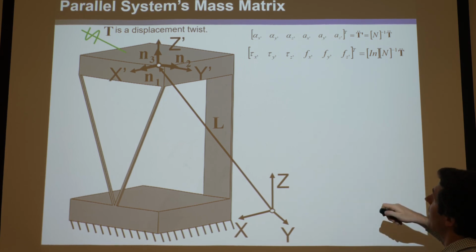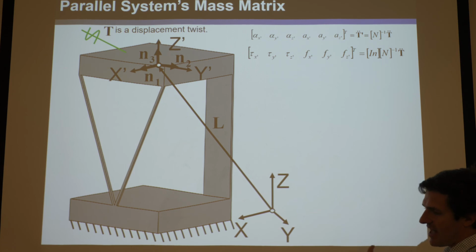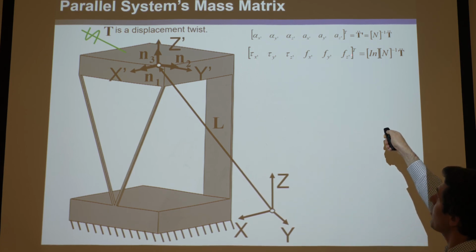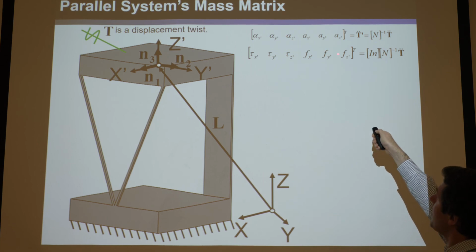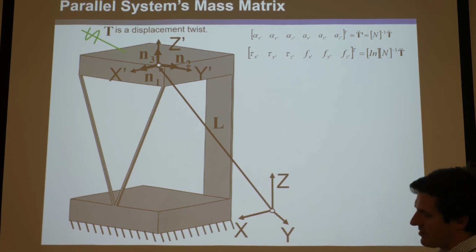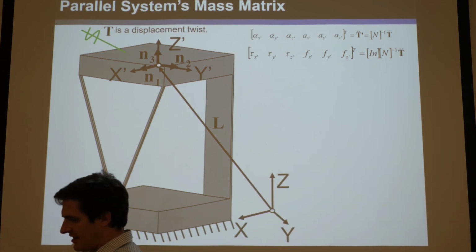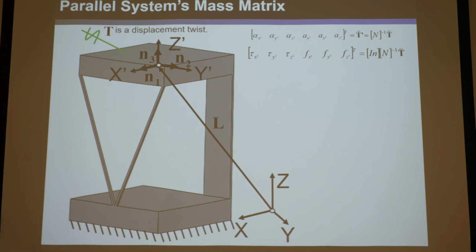We're just lining up alpha x times Ix equals tau x, okay, but they're in the prime coordinate system. Then you get all these taus and forces, okay. And notice the last 3 is just the mass times the linear acceleration of the center of mass equals the force at the center of mass there, okay.